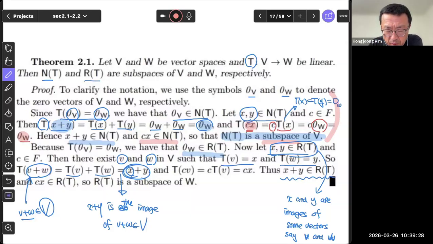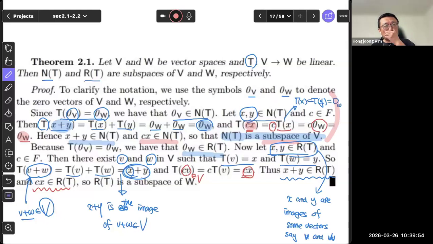In a similar way, if I multiply C to V, it is also a vector in V space, and the image of CV is C times X. So that means CX is included in the range.